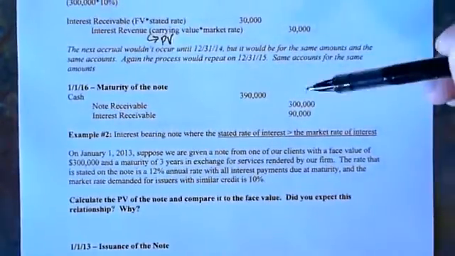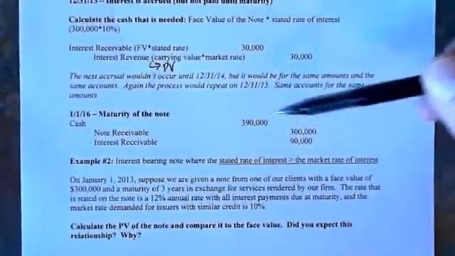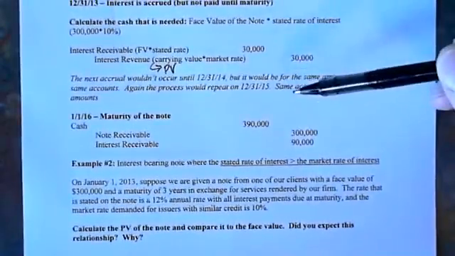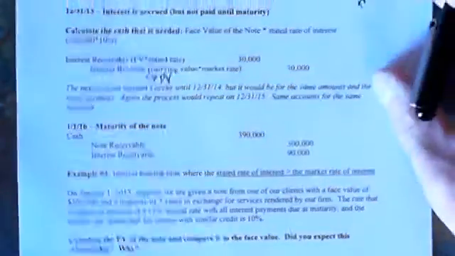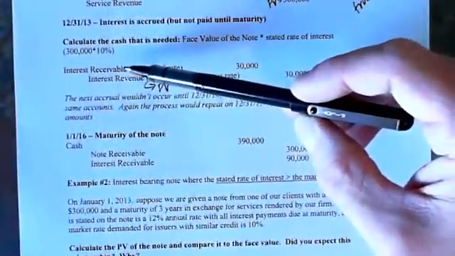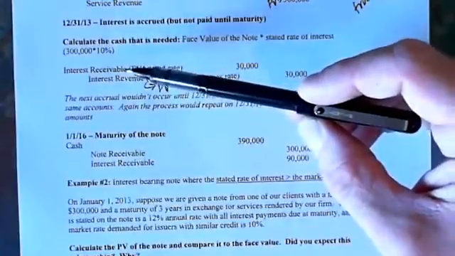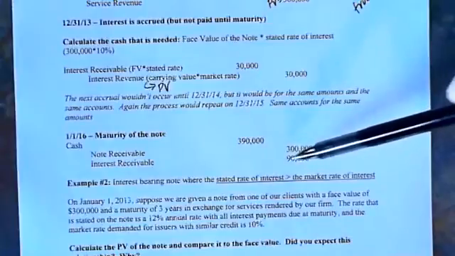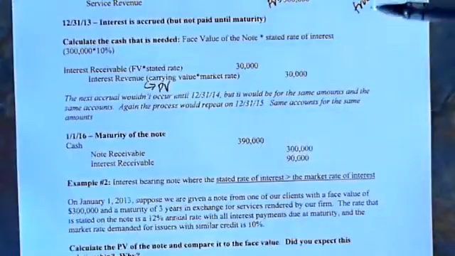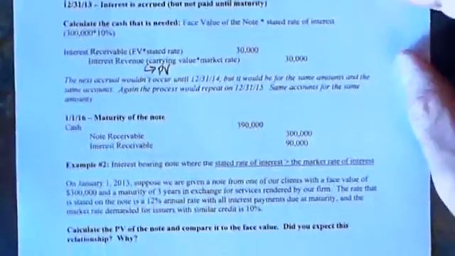It's not typically the case that all interest will come due at maturity. We will more likely have payments of interest over time, which is fine. You would just debit cash instead of interest receivable when those payments came, and then you wouldn't have any interest receivable down here, and you would only be paid $300,000 at maturity.